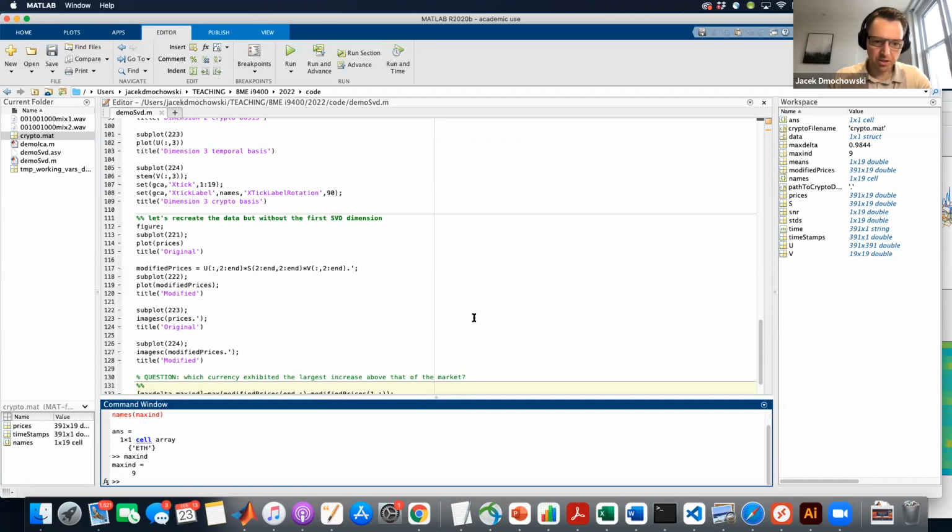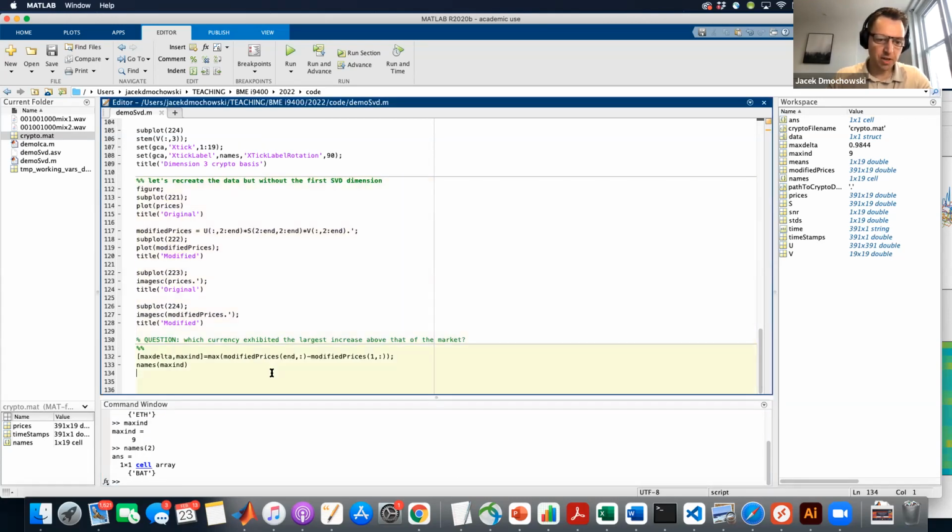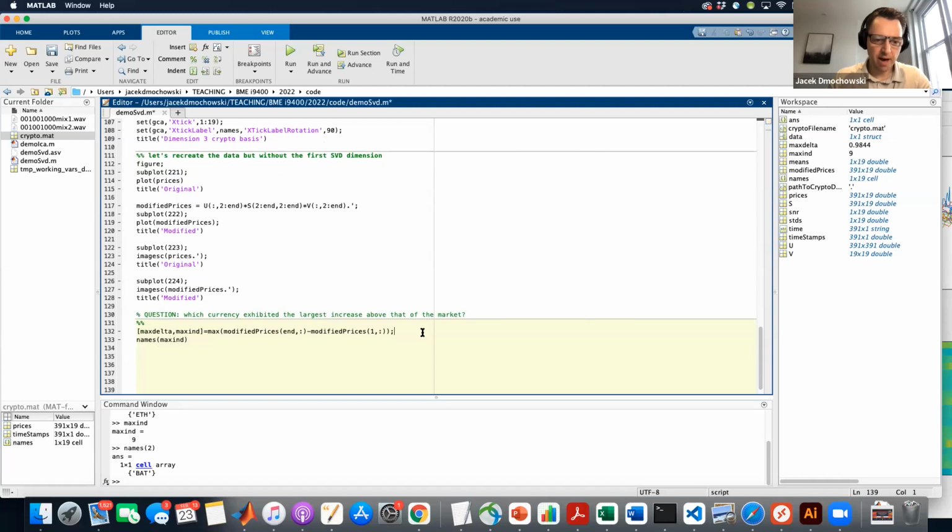So we can do a sort to see if the second one was what? I don't know. So if you can do a sort here instead of a max. So Adam, you get a prize because this is the way to do it. Let's do the sort, and then we can look at names.